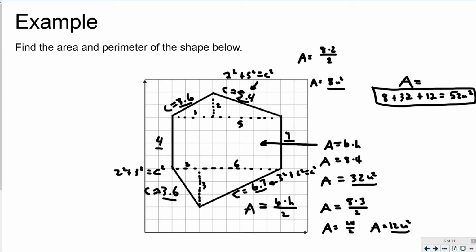The perimeter was equal to 3.6 plus 4 plus 3.6 plus 5.4 plus 4 plus 6.7. And when all that is said and done, the perimeter was equal to a grand old 27.3 units.